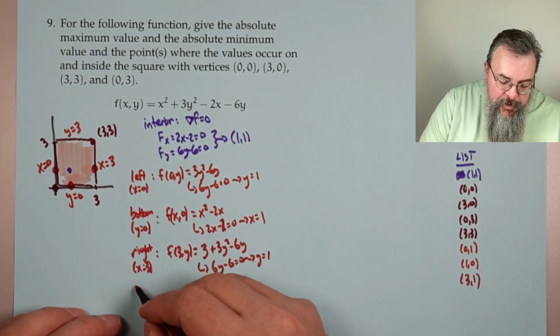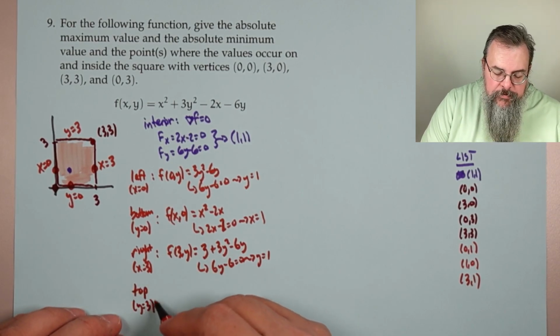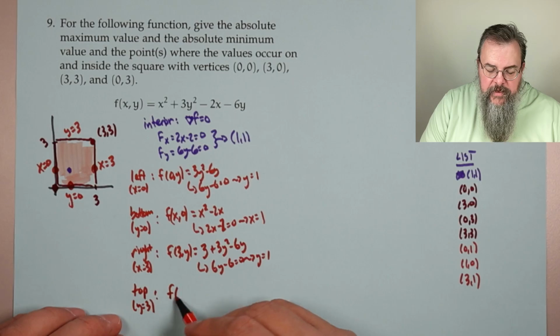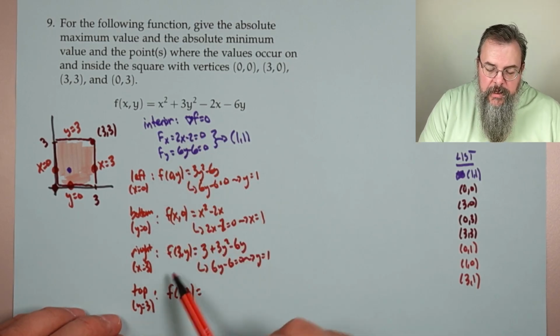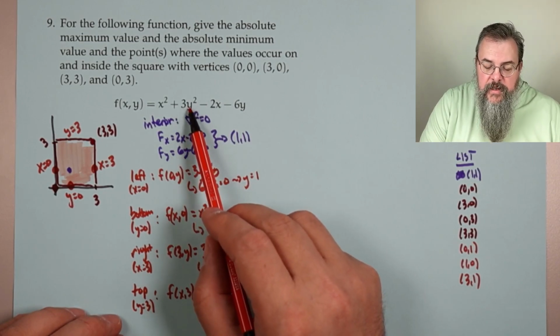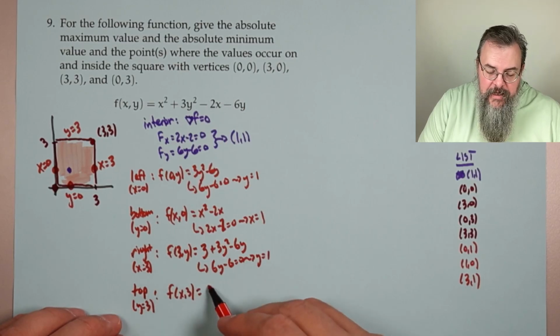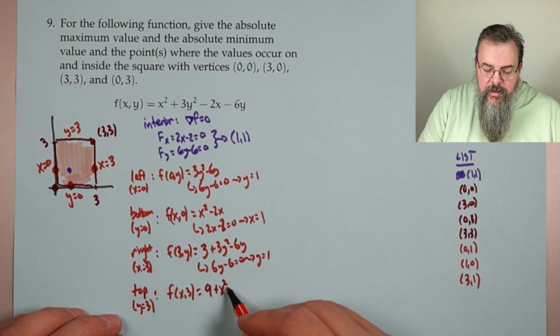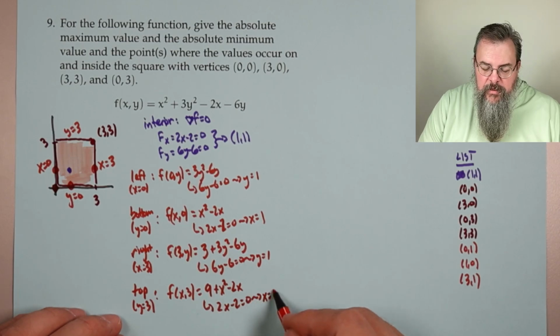What about the top? Yep, got to include that. That's y equals 3, so that's f of x comma 3. If you plug in y equals 3, you get 3 times 9, 27. Subtract 18 would be 9 plus x squared minus 2x. Take a derivative, 2x minus 2 equals 0, x equals 1.